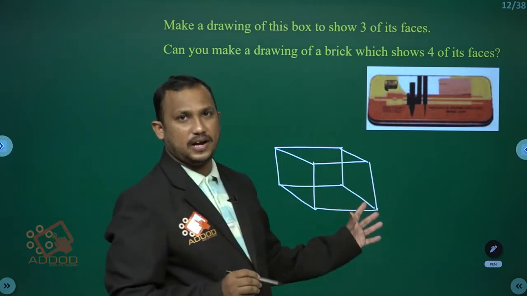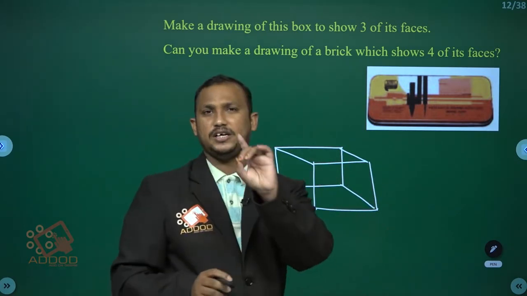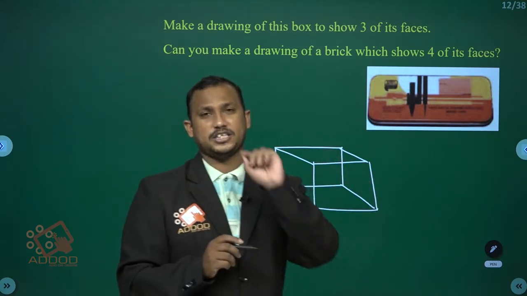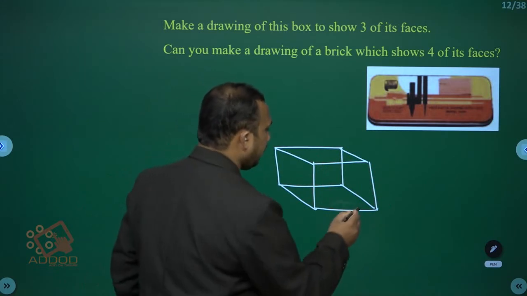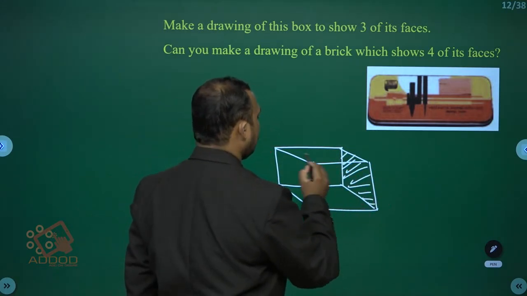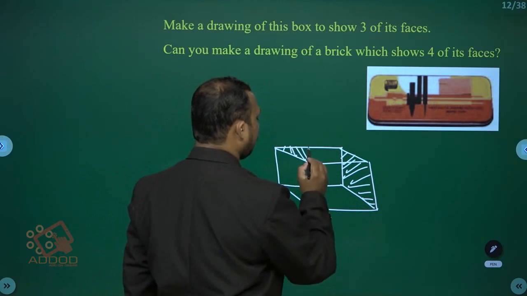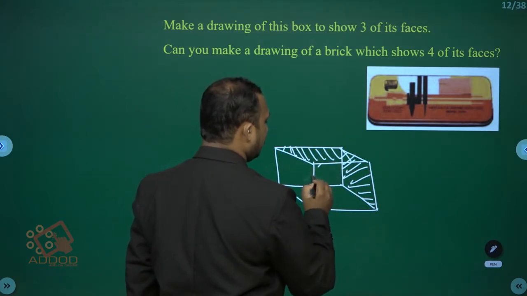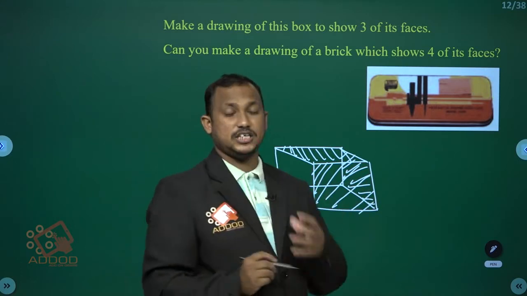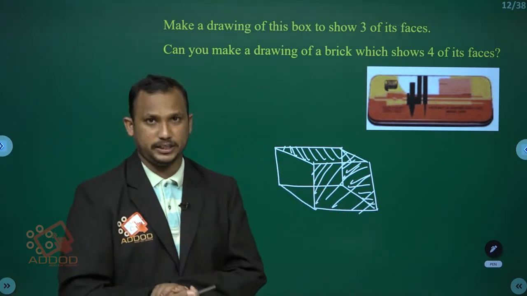If you color this image, you can find the faces of it. Suppose in this shape, you find the square shape. If I find this is one face, and this is another face, and this is another, so three faces we can find from this image.